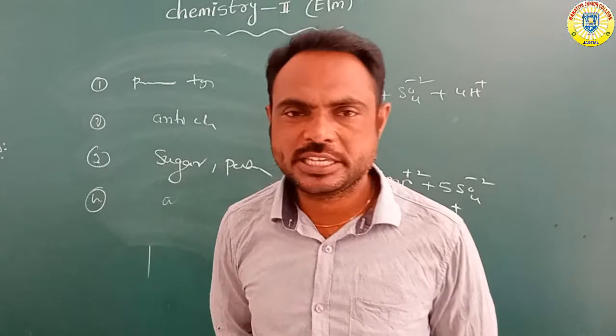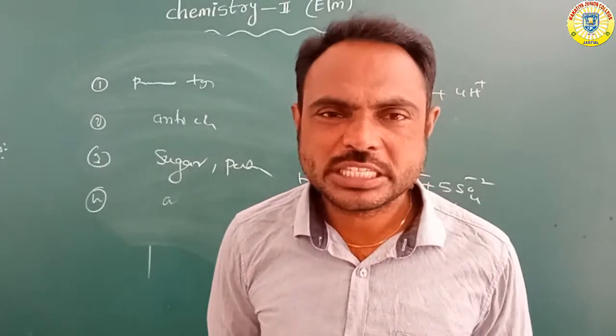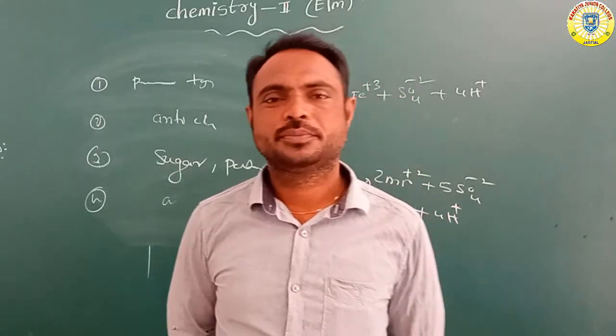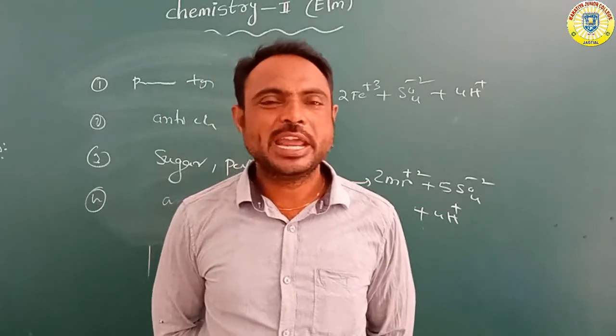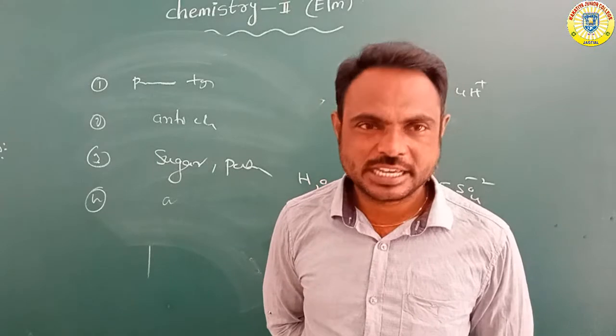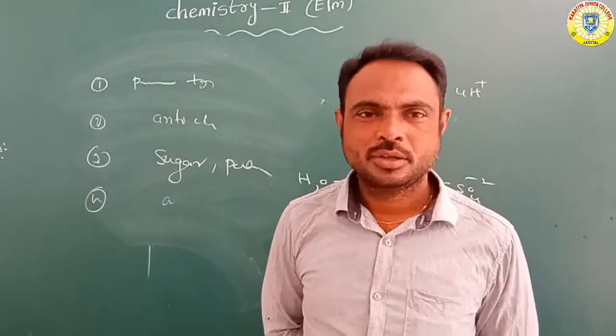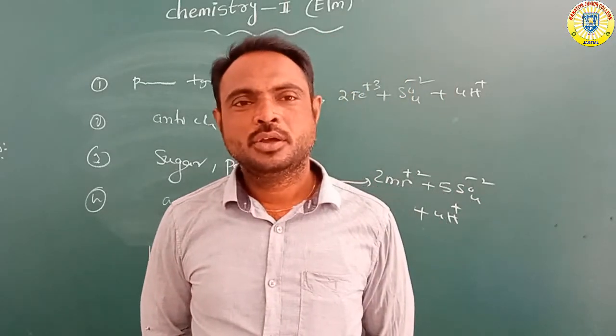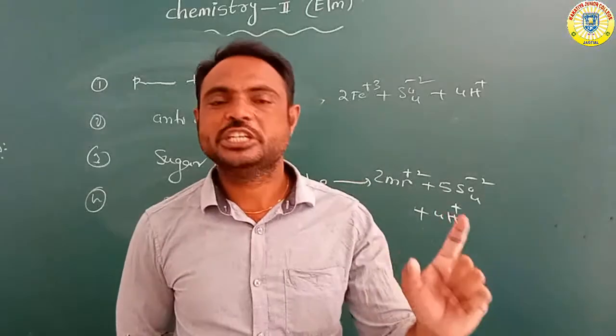What is the meaning of bleaching? Colored compounds are converted to colorless compounds. It is mainly used in paper industries and textile industries, like silk or paper.